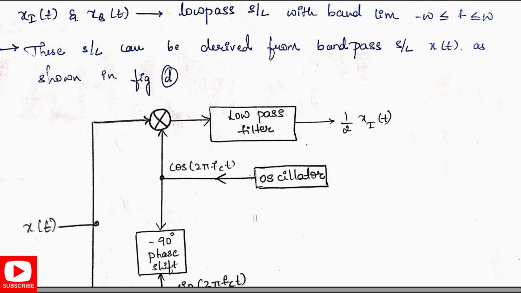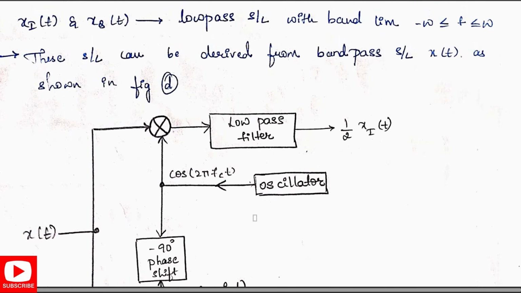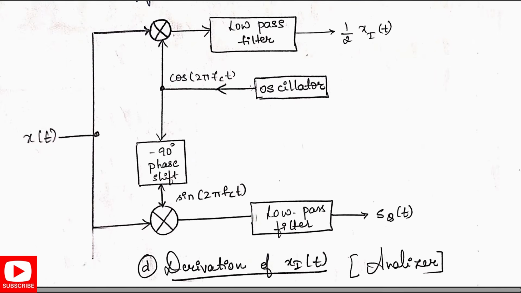Next, we will move on to the block diagram part, where xi of t and xq of t are the low pass signals with a band limit of minus omega to plus omega. These signals can be derived from the band pass signal x of t as shown in this figure. In this figure, you can observe the derivation of xi of t, that is the analyzer part.